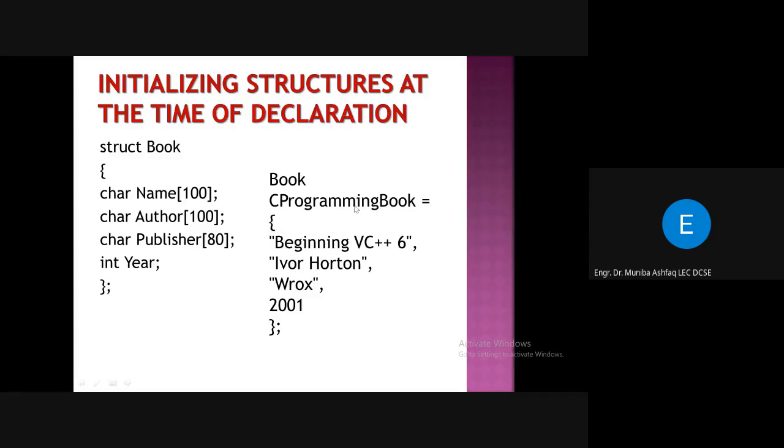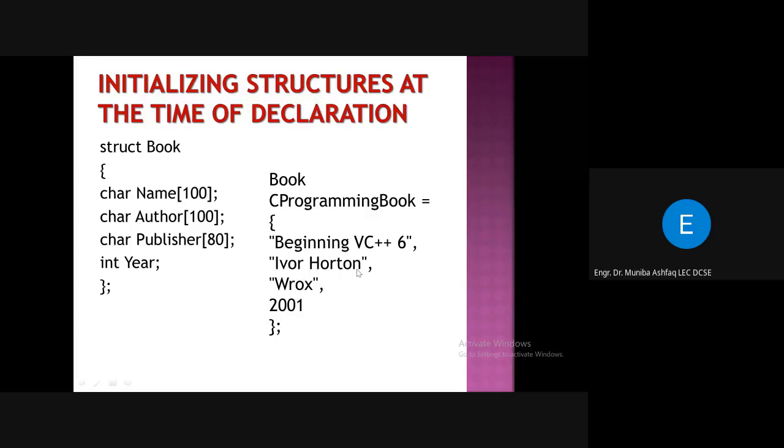values of this structure. Book C programming equal to, now look at this, you have the curly brackets here. Now I'm going to assign values to this C programming book. So the first data member is name. So I have to write the name, Beginning VC++ 6. This is the name, it would be assigned to the first member.